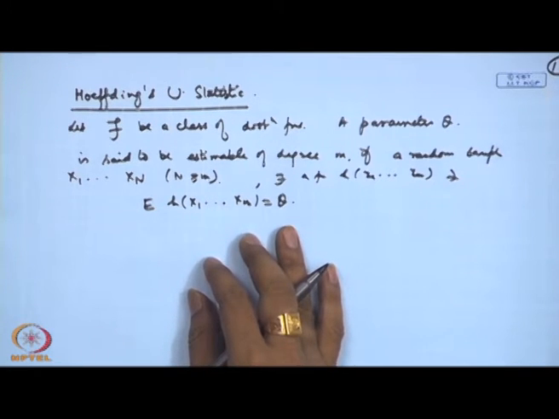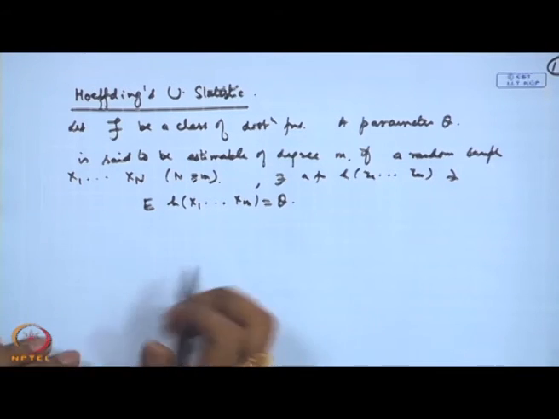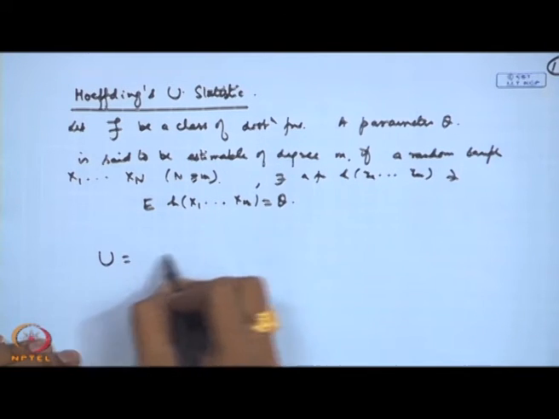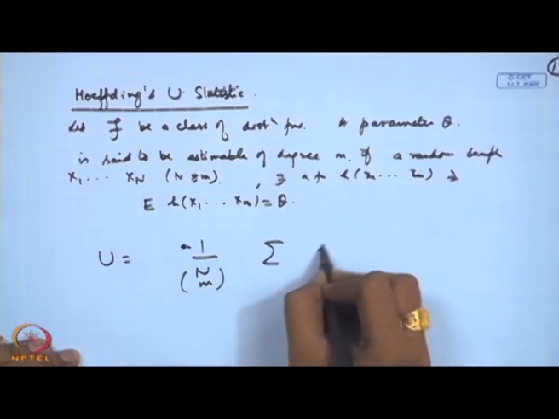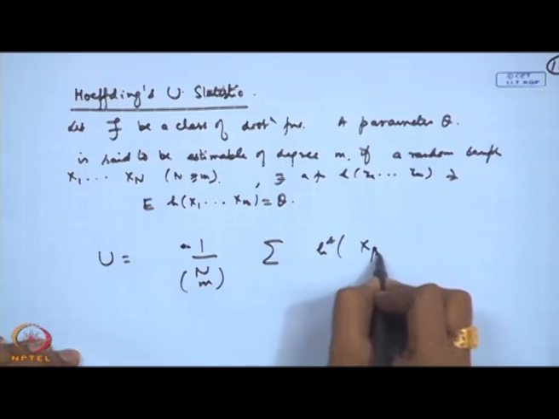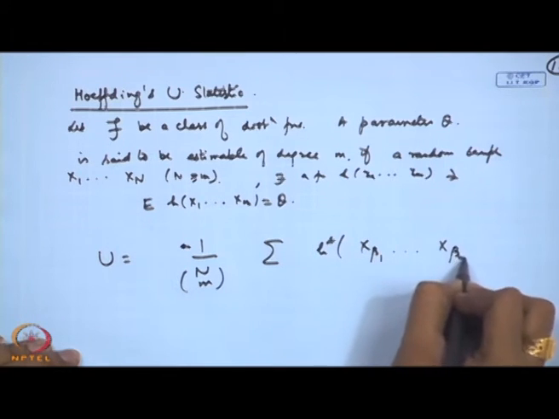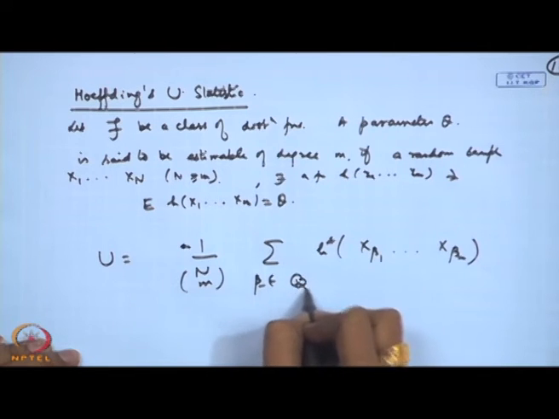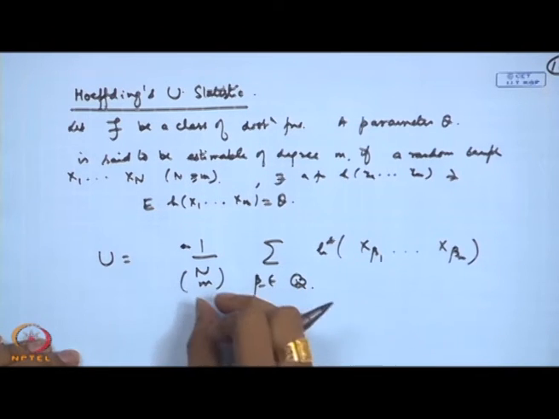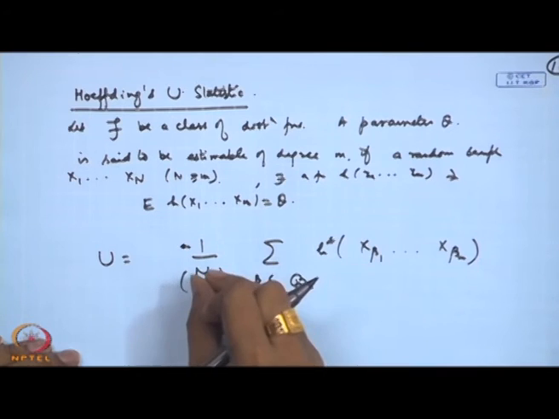Now, based on this we can define a Hoeffding's U statistic as 1 by n choose m times the sum of h star of x beta 1 up to x beta m, taking all the m-permutations from n.